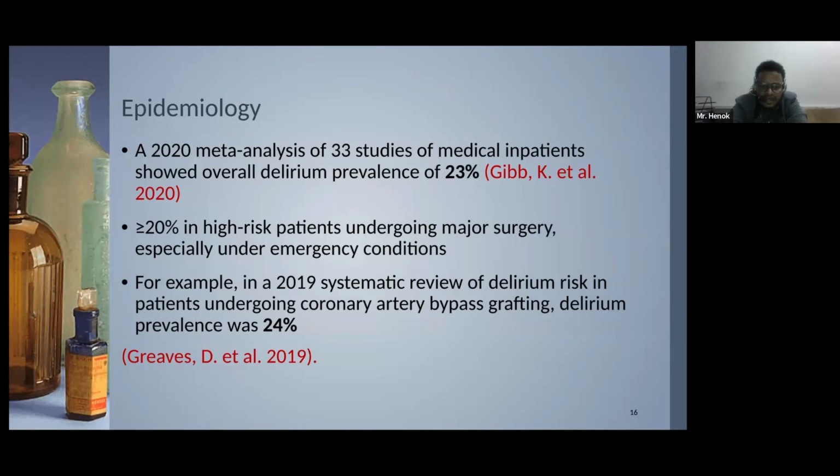Another systematic review, done in 2019, found that in patients undergoing coronary artery bypass grafting, delirium prevalence was 24%. As you can see, the ranges are still high.